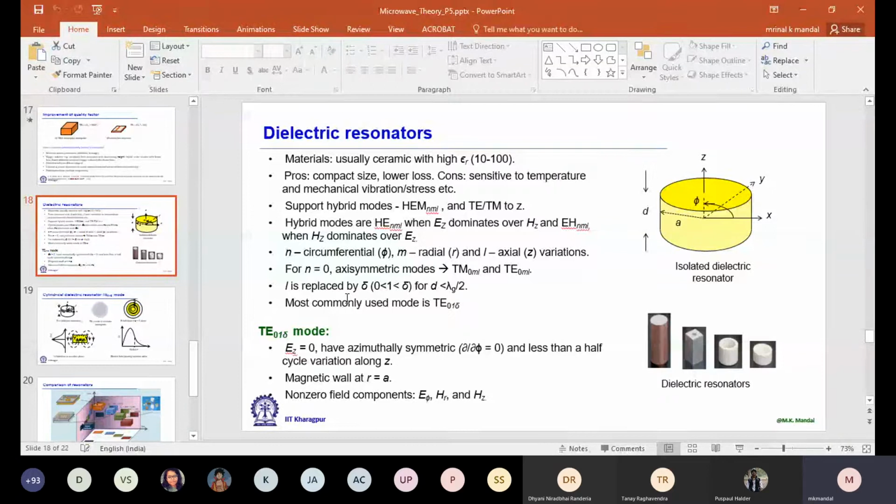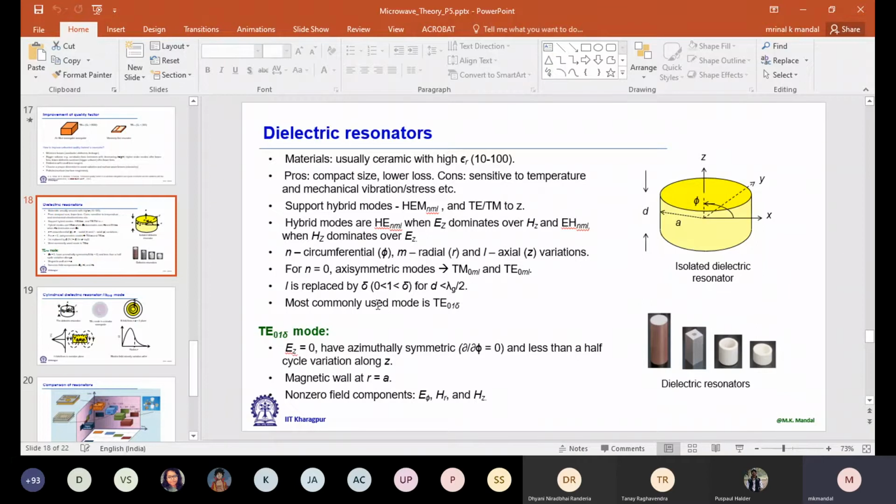So in other words, this height D does not necessarily have to be half wavelength. It can be much smaller than lambda g by 2. If that is the case, then we have to use some other notation to represent this type of scenario, where there can be a significant part of the electromagnetic wave in air, which is of course attached to the dielectric; it is not coming out as radiation.